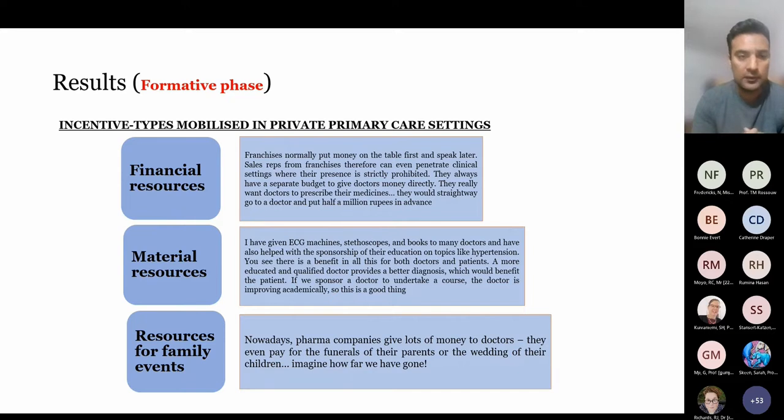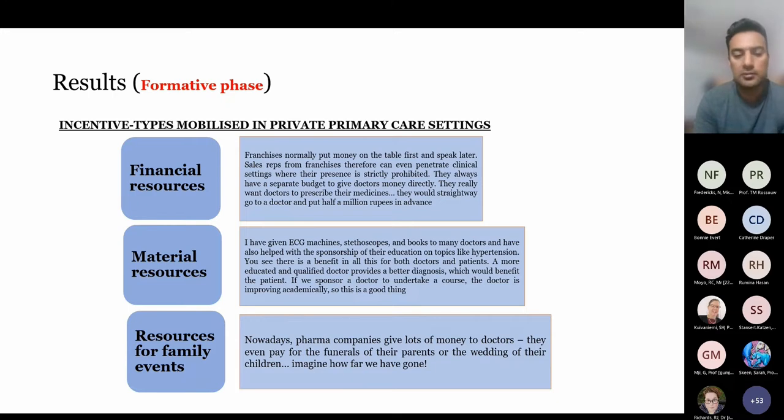And then there were several material resources that pharmaceutical companies can generally give to GPs. They could include things for clinical use like ECG machines, BP operators, and other clinical equipment, and sometimes items for renovating clinics like furniture and renovating homes.